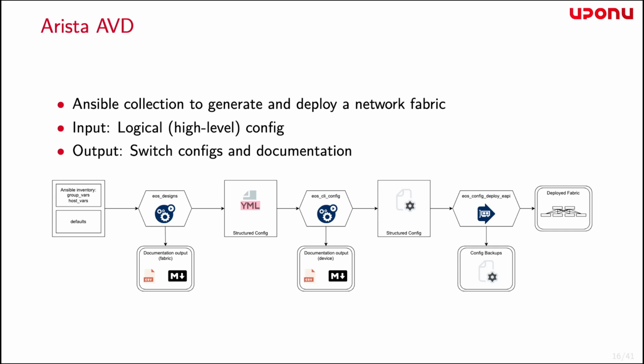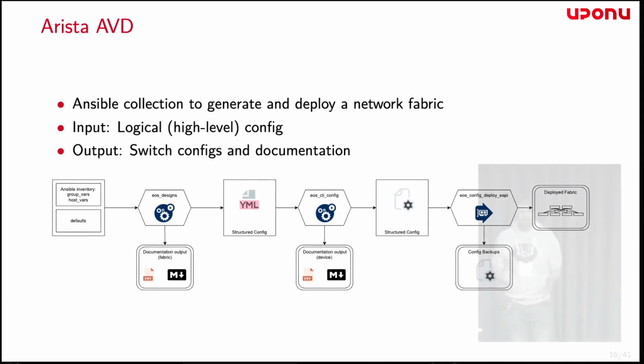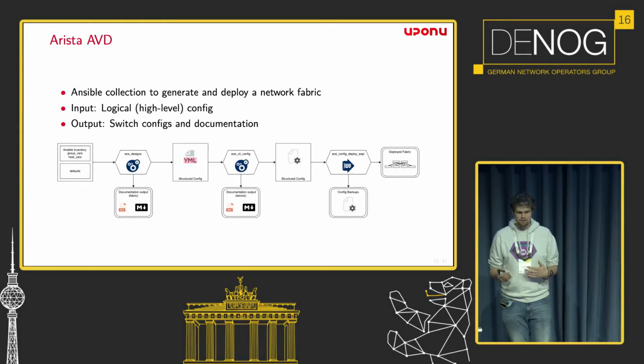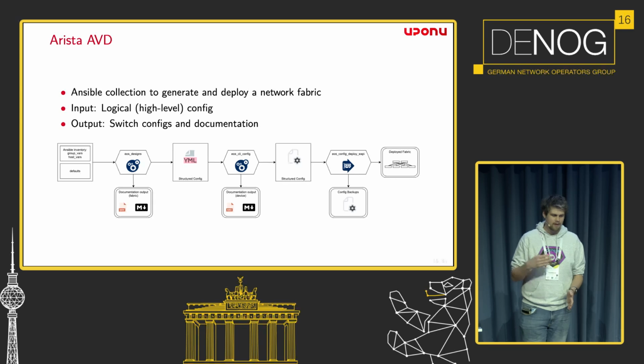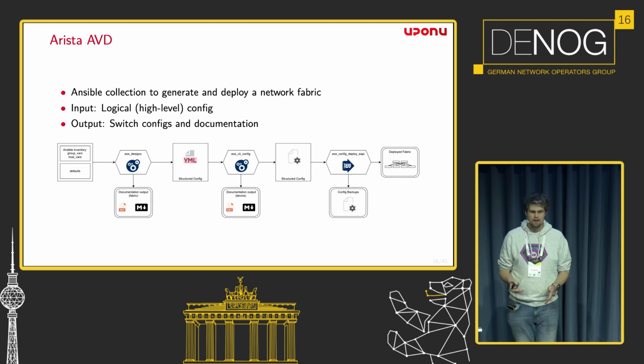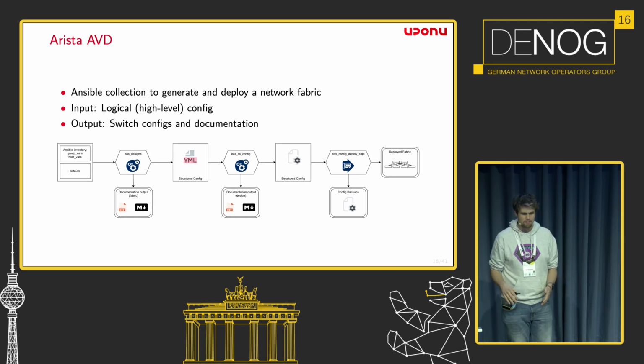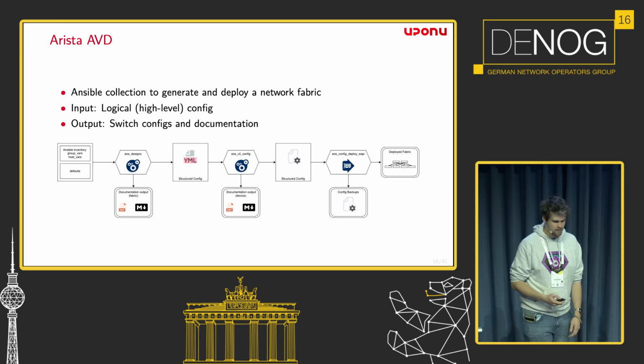So you go into a design module, design your fabric, and have then a so-called structured config, which is a nice way of showing a switch config, but it's completely in YAML. Then you have another module which generates the final configuration, and then a deployment part which pushes this configuration onto the fabric, onto the switches.